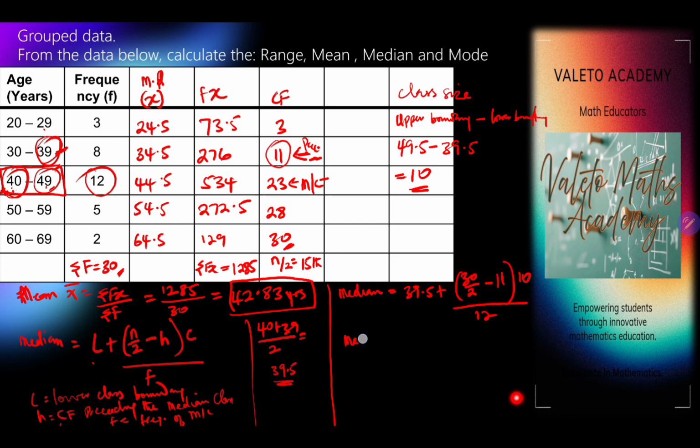So we have that our median will be equal to 39.5 plus 3.33. And then our median will be equal to 42.83 years.